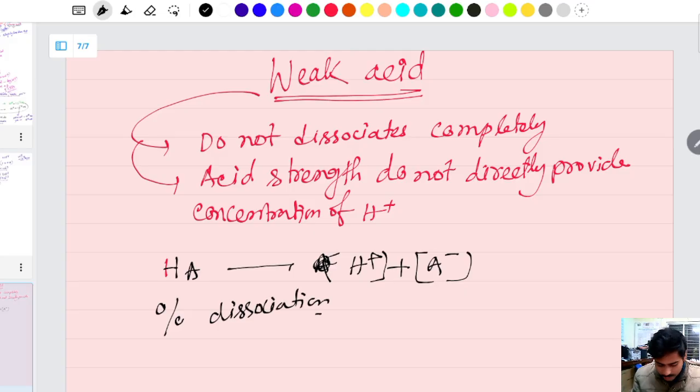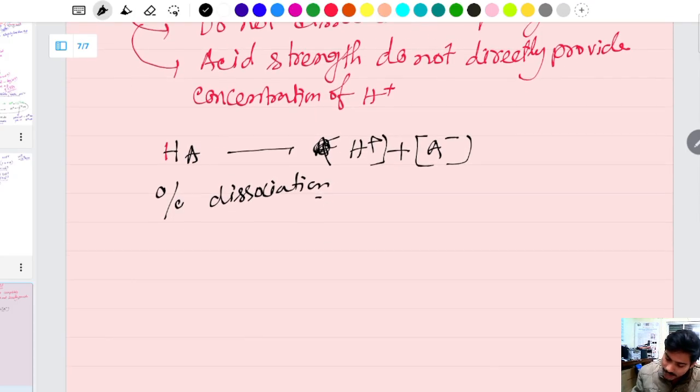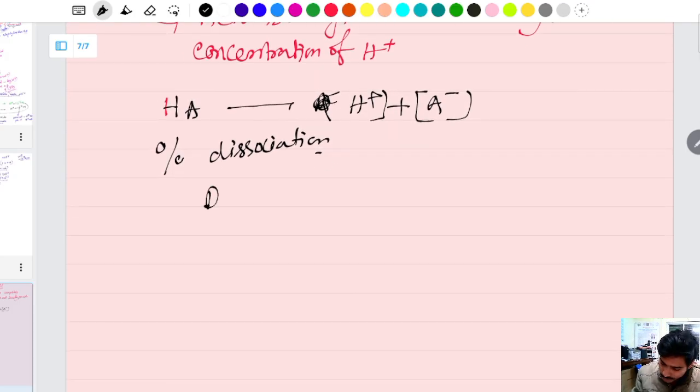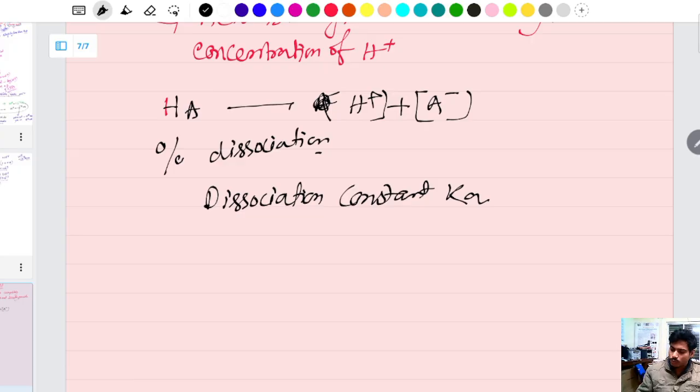That's why another key term comes, that is called the dissociation constant. That is Ka. So the dissociation constant or concentration can vary, depending on the mathematics.